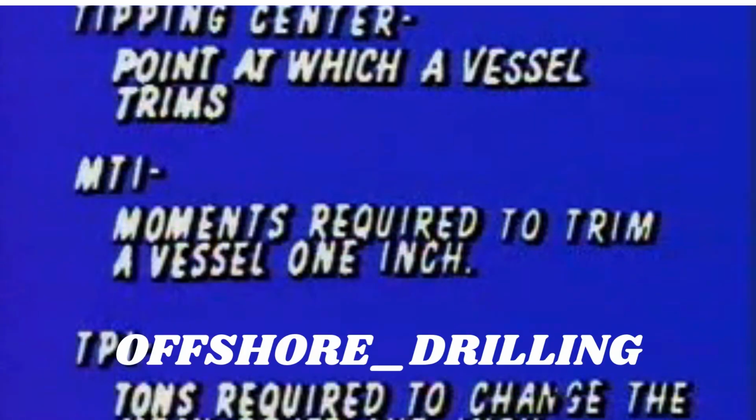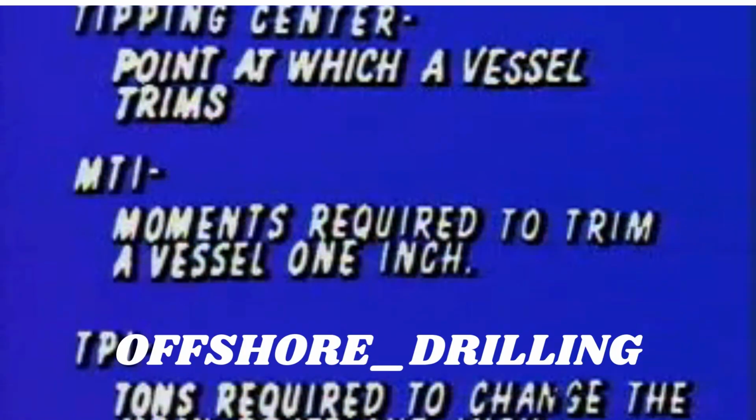The tipping center, or center of flotation, is the point around which a vessel trims. The MT1, or moments to trim 1 inch, is the number of moments, measured in foot-tons, necessary to change the trim of the vessel 1 inch.